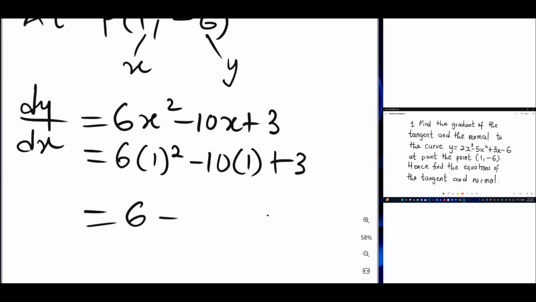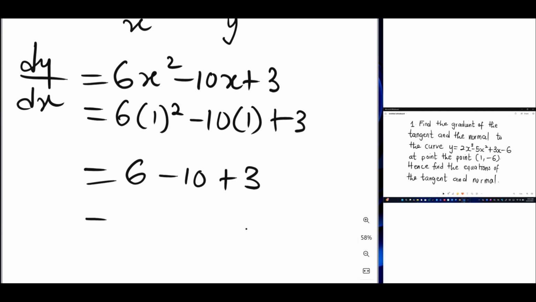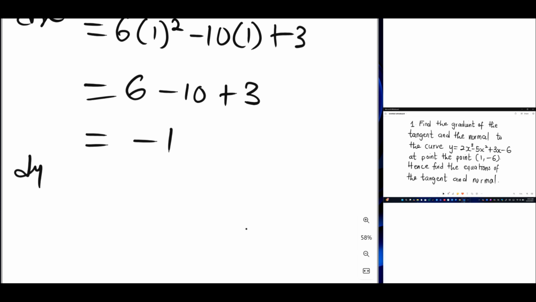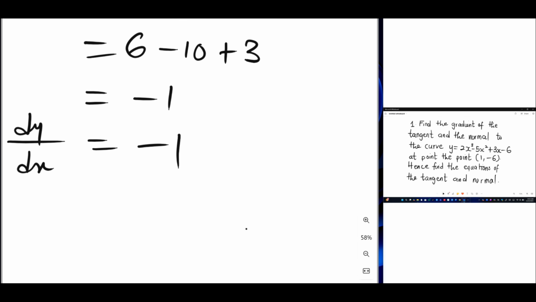Negative 10 times 1 gives us negative 10, plus 3. So we have 6 - 10 + 3, and this gives us -1. So we conclude that the gradient, dy/dx, is equal to -1. This is the gradient of the curve at the given point.